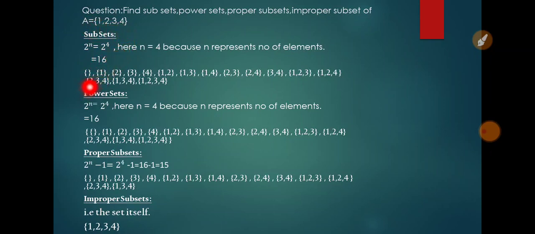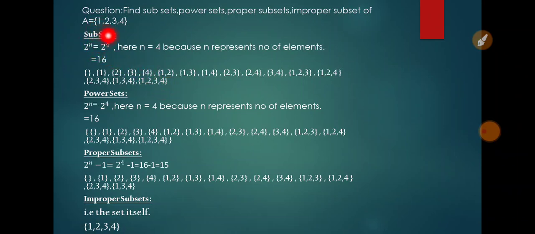Now how are we going to make it? The first set is always a null set. And then we are going to make sets of single elements first: 1, 2, 3, 4. When this is finished, then we are going to make sets of two elements. Just check the order.